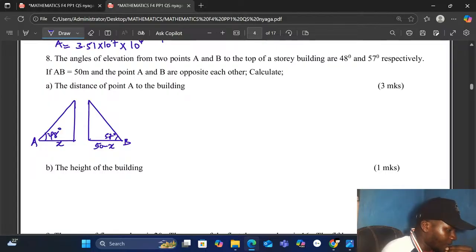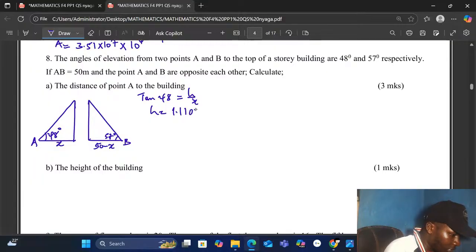Now we can use trigonometry, so that we have tan 48 gives us h over x, so that the height becomes 1.1106 x.